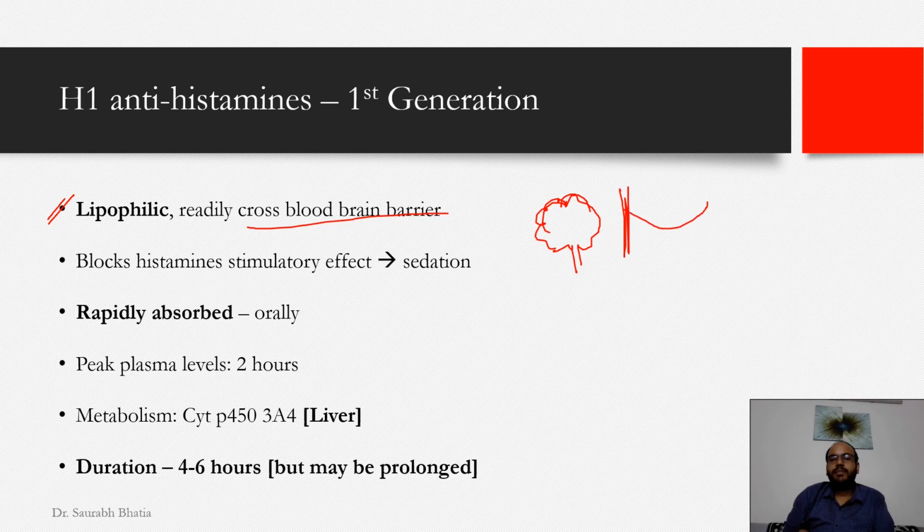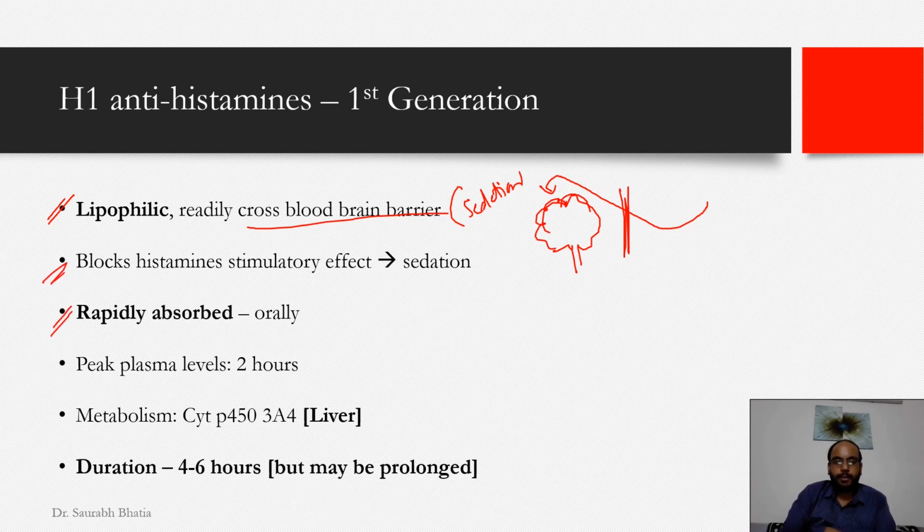And what happens is, when antihistamine cross into the brain, they will block the receptor and cause a function opposite to that of histamine. And remember, in the first few slides I said that histamine acts as a stimulant. So these antihistamine will act as a non-stimulant, a depressive kind of molecule, and that is why you have sedation. Instead of stimulation, you have sedation. So this is responsible for the side effect of sedation. Clear?